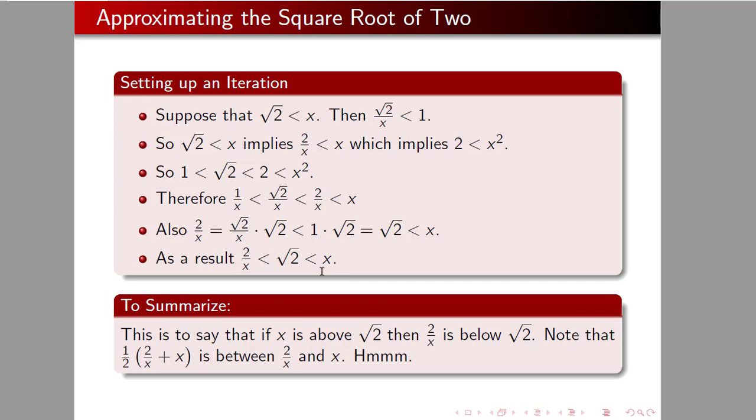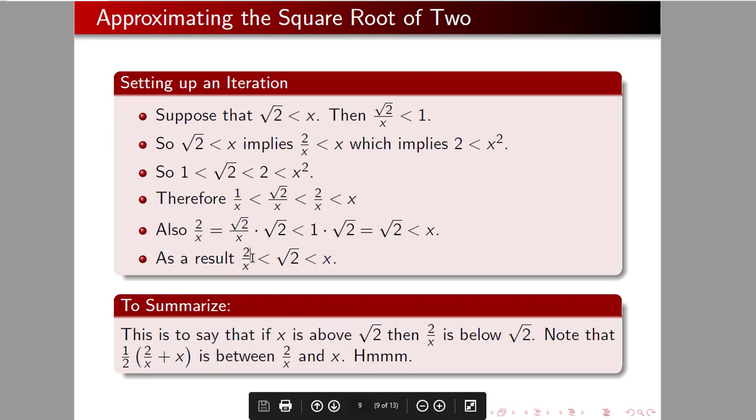Okay, so I got an interval around my square root of 2. And so each time I get a new upper endpoint for my interval chosen for x, I can cook up a new lower endpoint. And I can also get a better approximation.